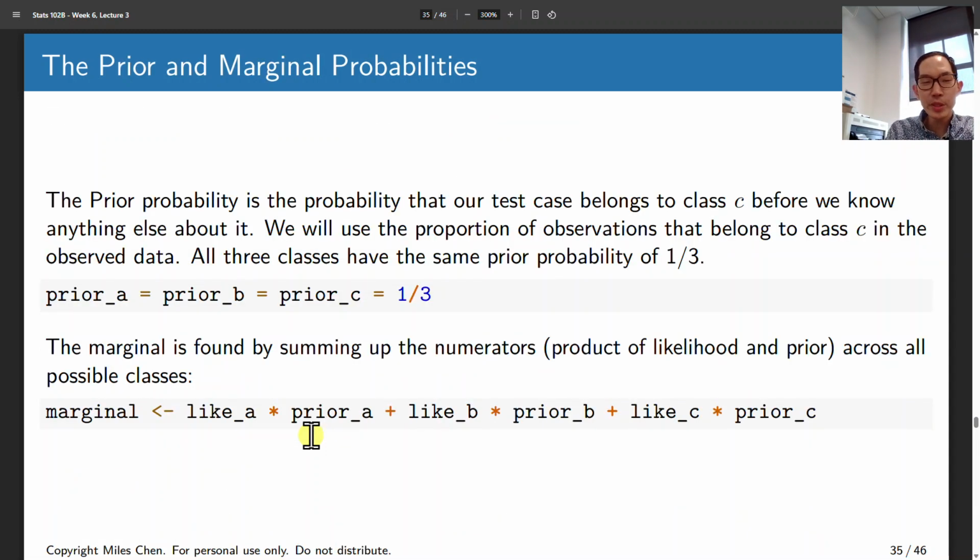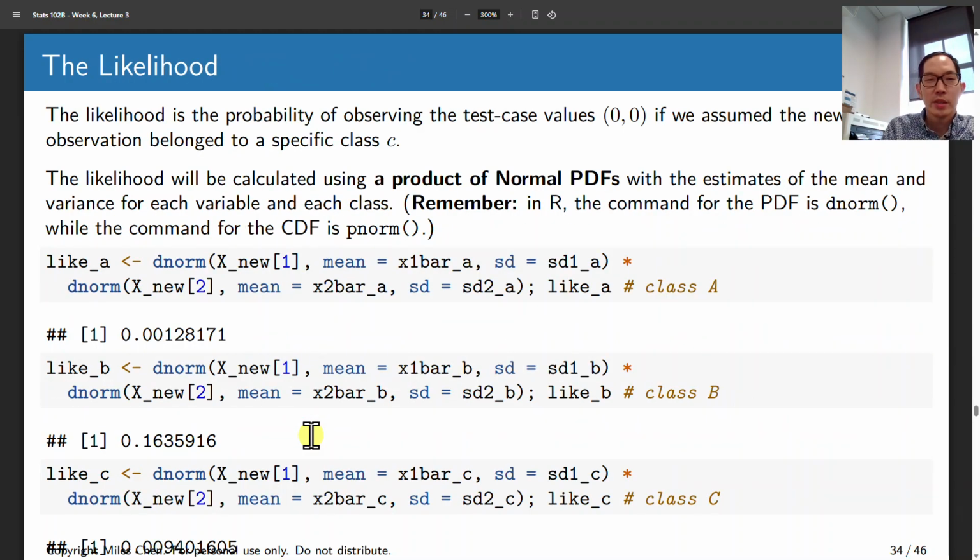But yeah, with the naive Bayes classifier, instead of using dmvnorm for the density of the multivariate normal, where you have to provide an estimate of the variance covariance matrix sigma, we are just doing univariate normal, dnorm, and we just give it the standard deviation of our x1 and our x2, which is simpler, okay?